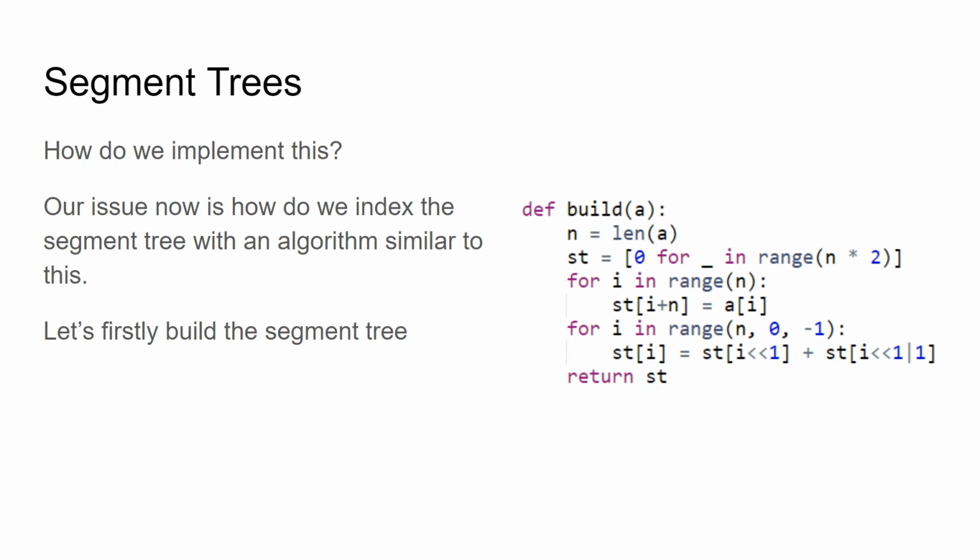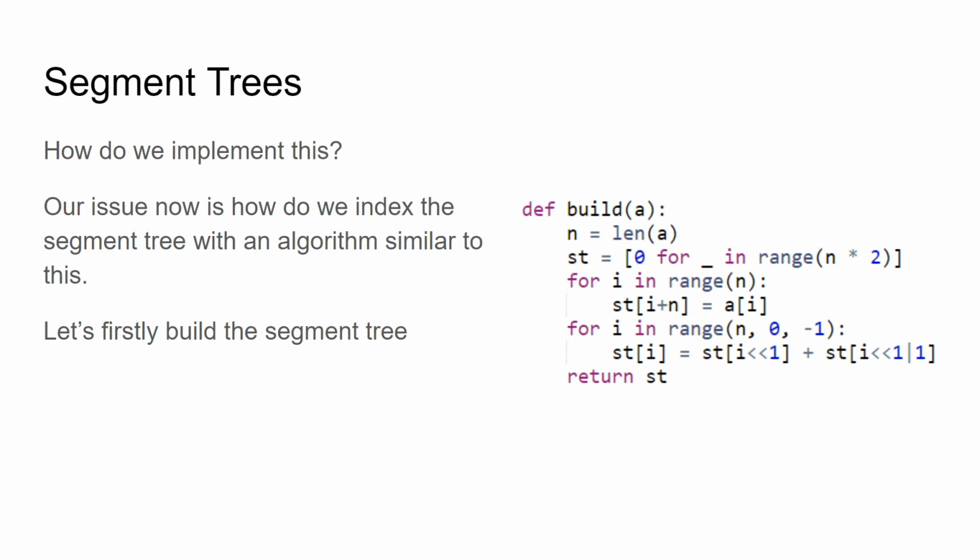So this is our method to build the segment tree. All we're doing in this method is populating an array with zeros. It doesn't matter what we populate it with. We don't care, because we guarantee that we're going to first insert all of our values into the end of the array and then compute our parent nodes based on every pair of adjacent nodes.